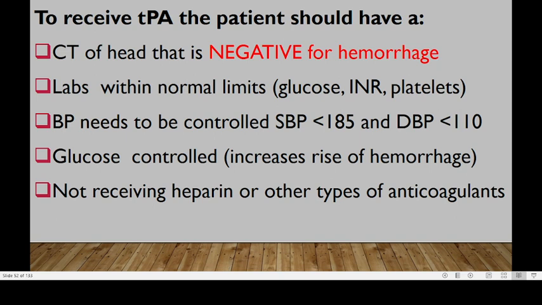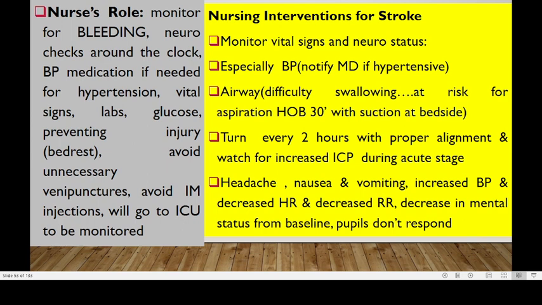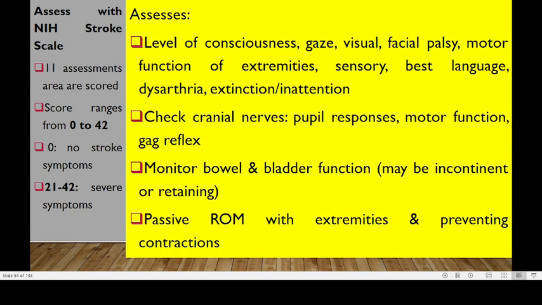Glucose should be controlled because it increases risk for hemorrhage, and the patient should not be receiving heparin or any other anticoagulants for that case. Your role is to monitor for bleeding, neurochecks around the clock, BP medication if needed for hypertension, all right, for that case. Remember to turn every 2 hours with proper alignment and watch for increased ICP, okay?